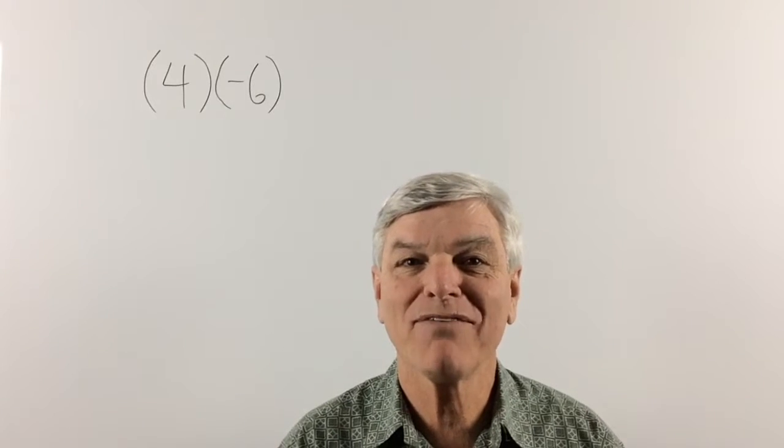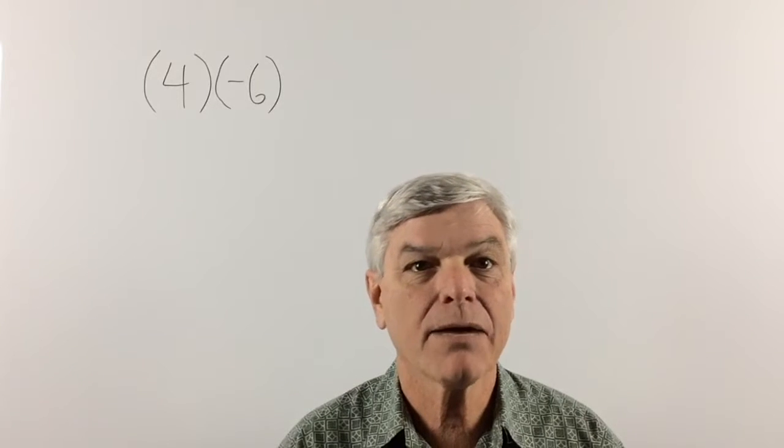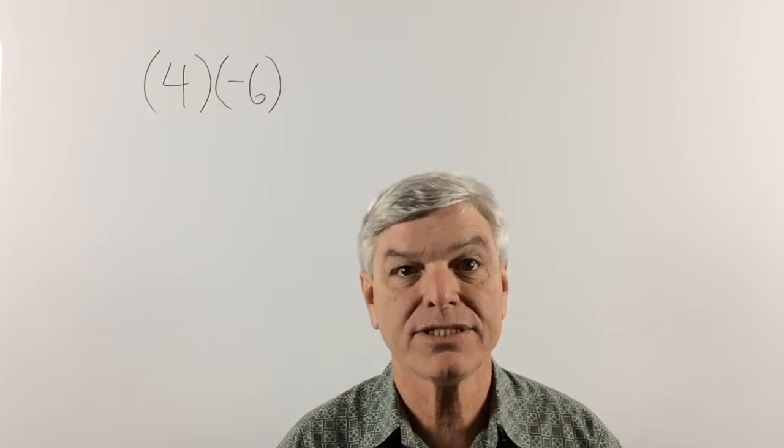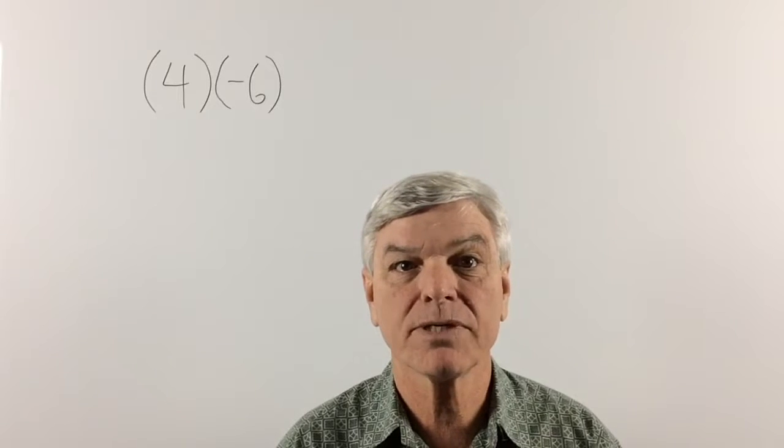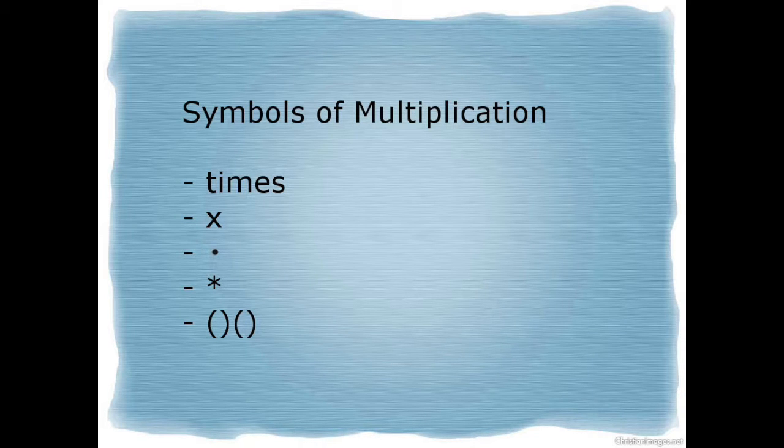We are going to multiply 4 times negative 6. And a couple of things that you should know about multiplication. There are several terms for multiplication. We can write the word times. We can put an X between two numbers. We can put a dot between two numbers. We can put an asterisk between two numbers. Now usually you don't see an asterisk except on a calculator.